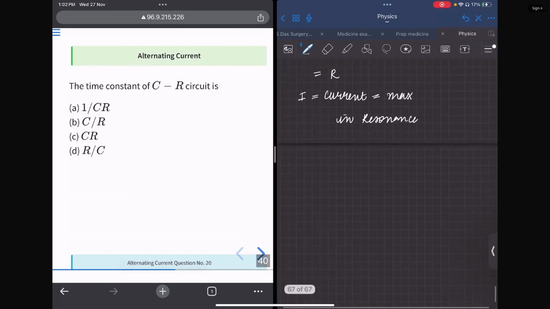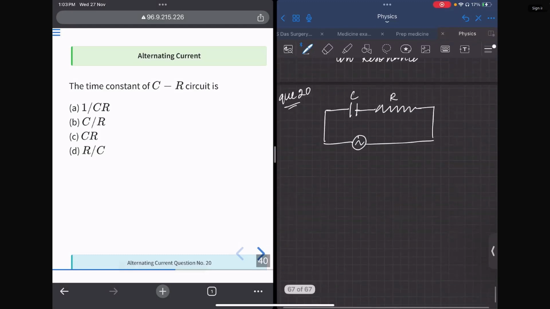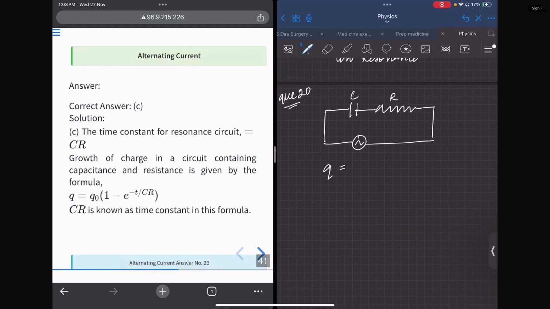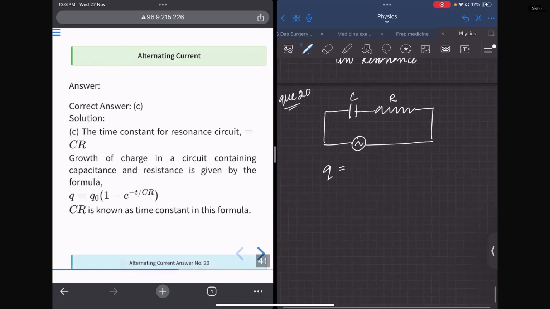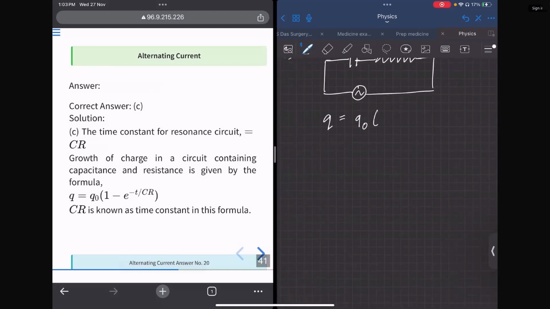Moving on to the next one, we have the time constant of a CR circuit. Question number 20. We have to find out the time constant for a CR circuit. This is a CR circuit. This is the capacitor and this is the resistor. So in a CR circuit, we can represent the charge Q at any time as Q is equal to Q naught into 1 minus e power minus t by CR.